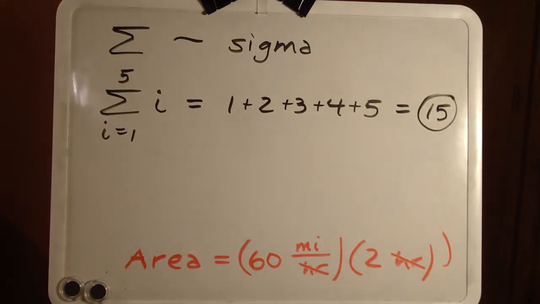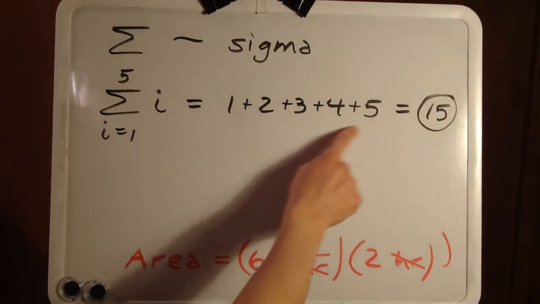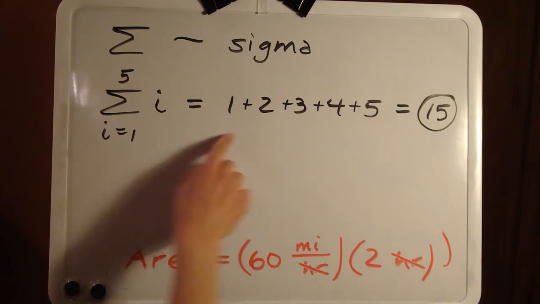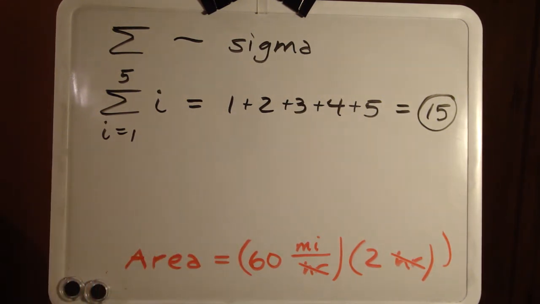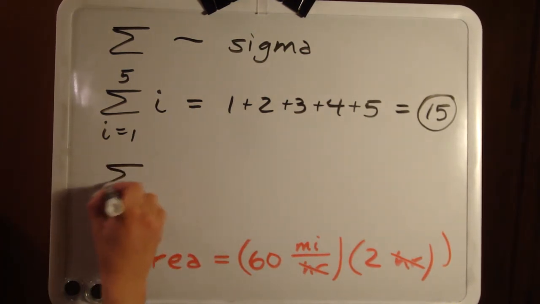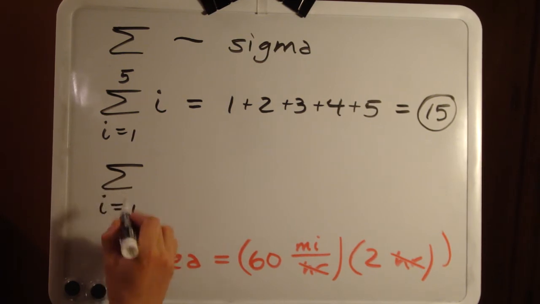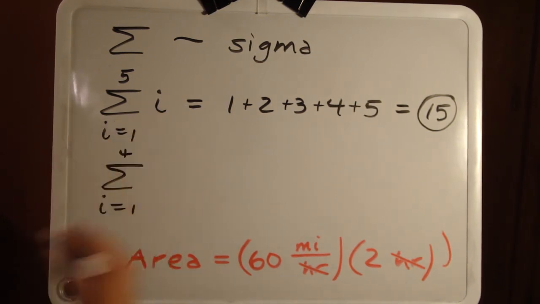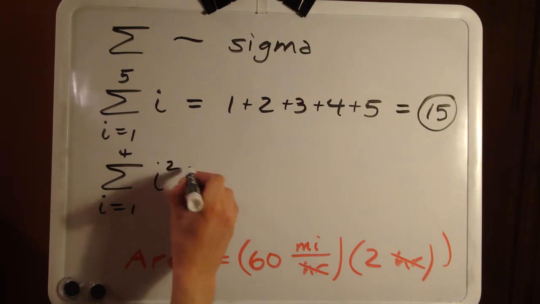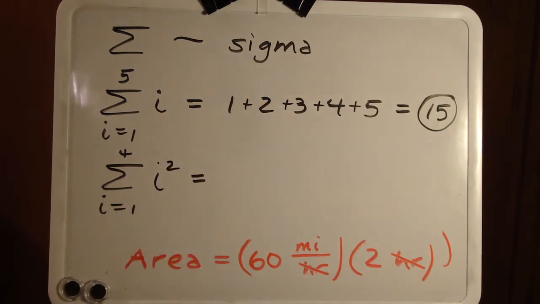So the big takeaway from this is, rather than writing out a long list of numbers, right, adding these up, this is the compact way of expressing it, right? So this is just a shorthand for this notation here. So you can add up many other things. So we could do, for example, i going from 1 to 4, and you don't have to add up i, you could add, for example, its squares. So you could add up those there.